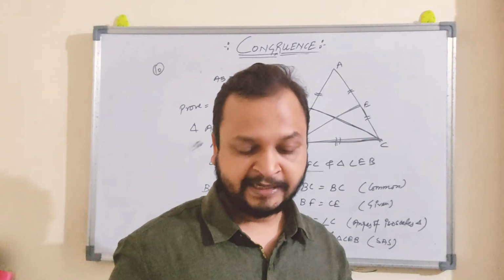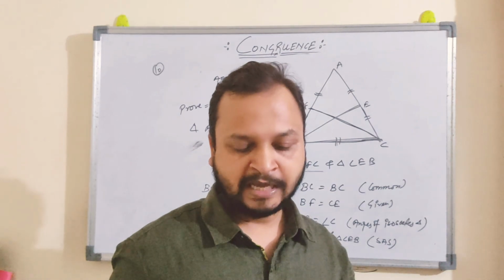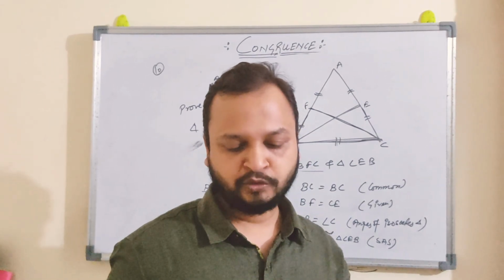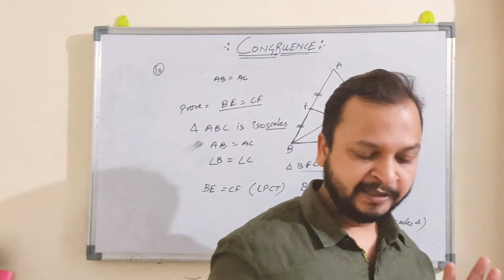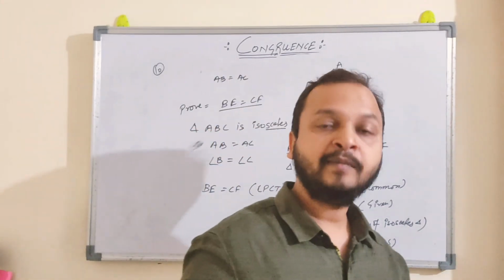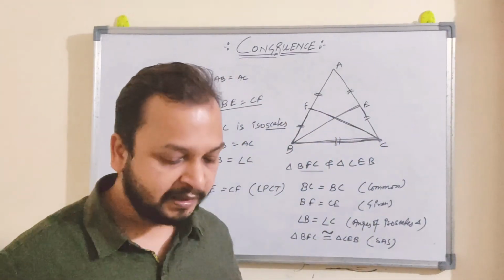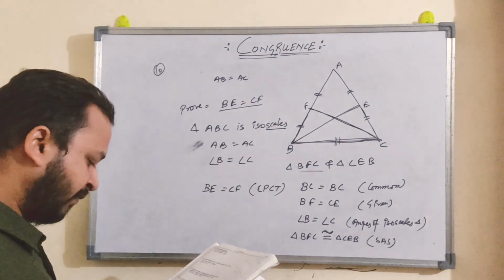So you can write AB as AP plus PB, and AC as AQ plus QC, and AP and AQ are equal, so you can eliminate them. So it means BP is equal to QC, angle B equals angle C, and BC is common. So you can prove it in the same way.